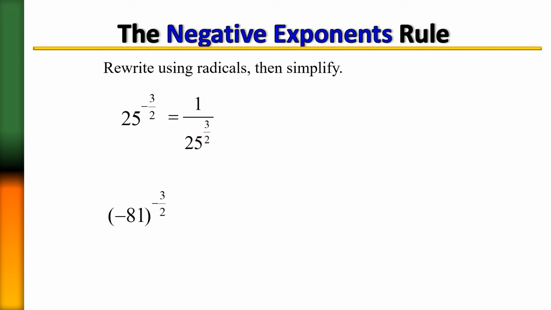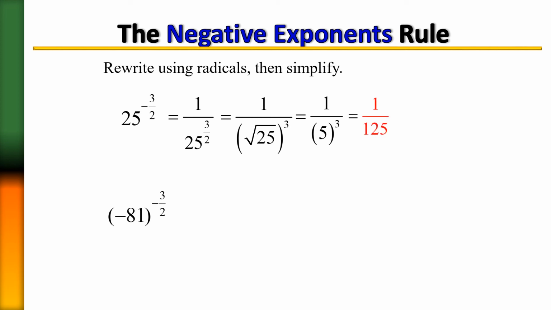So 2 stands for square root, so we're going to find the square root of 25, and then raise it to the 3rd power. So rewriting it is going to look like so. Now we have the square root of 25, which is 5. Multiply 5 3 times, and that's going to give us 125. So therefore, my final answer is 1 over 125.